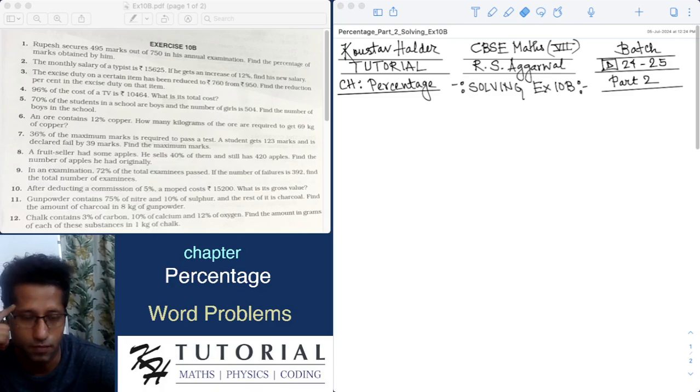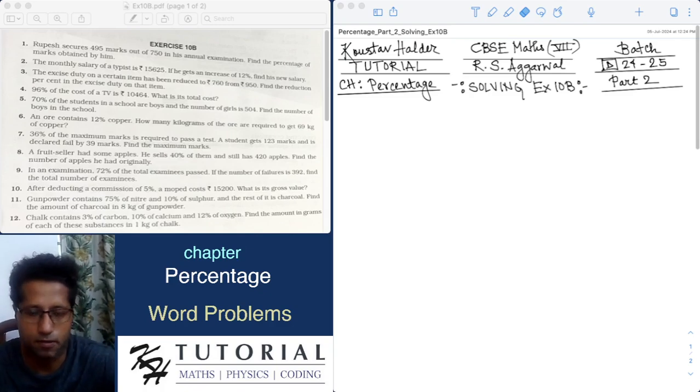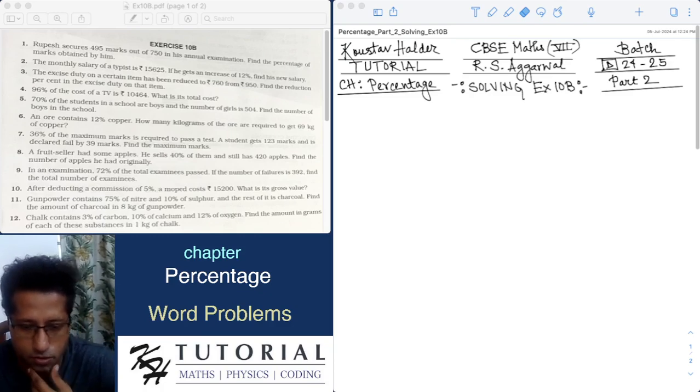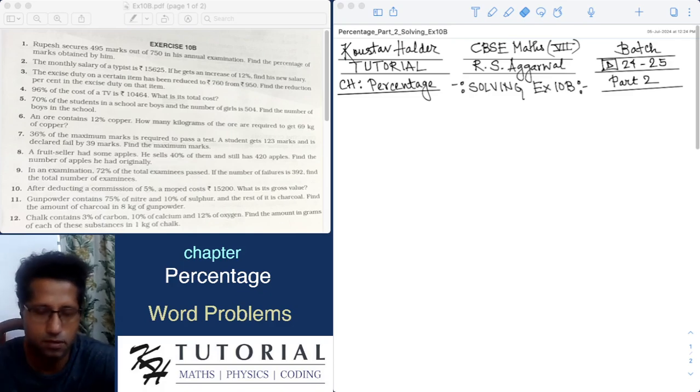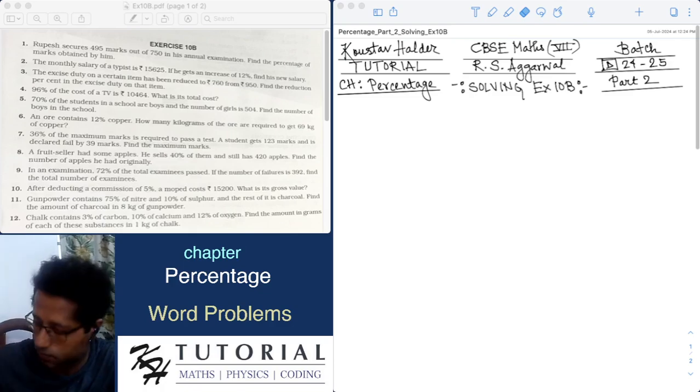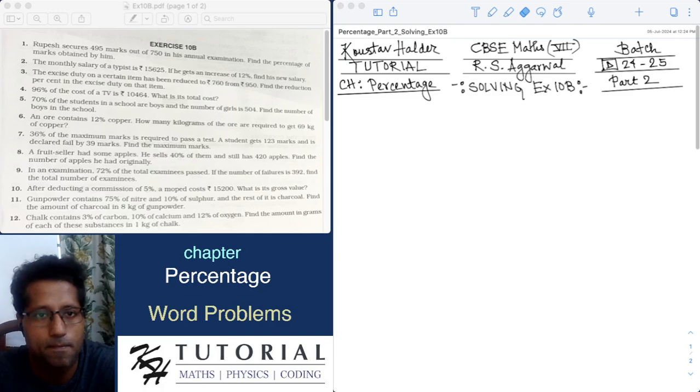Try to solve yourself. If not, then see the solution of the example problems and then try to solve the exercise problems. So first you should try to solve these exercise problems of any chapter yourself, and if you can't solve it, then you can watch my videos for the application of the concept. And while you see the solution, you can also pause the video and take a screenshot for your reference of the solution. So let's get started to solve the problems of exercise 10B.